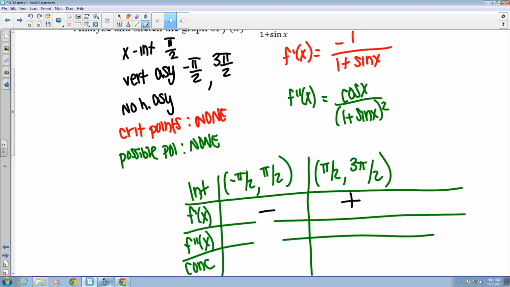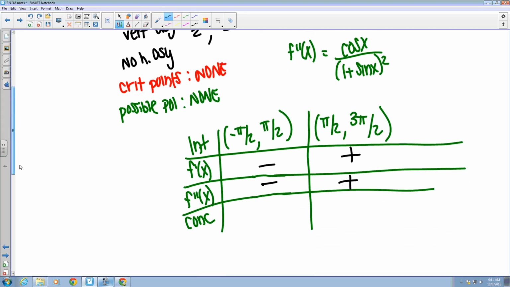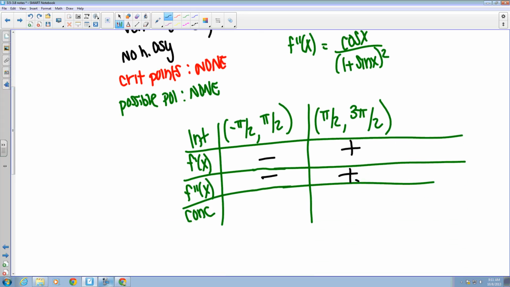What is going on? We are negative and negative on the first derivative, and positive, negative. Oops, we should be concave down there. I'm just crazy today.